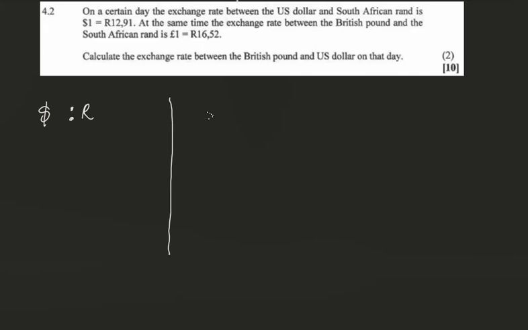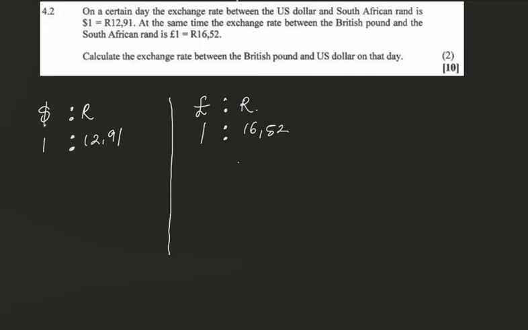I have the British pound, the sterling, compared to the rand, right? So now they did say that one of those dollars, it's equivalent to 12.91 in terms of rand, right? And also they did say now that one of those pounds is equivalent to 16.52 of our rand, right?